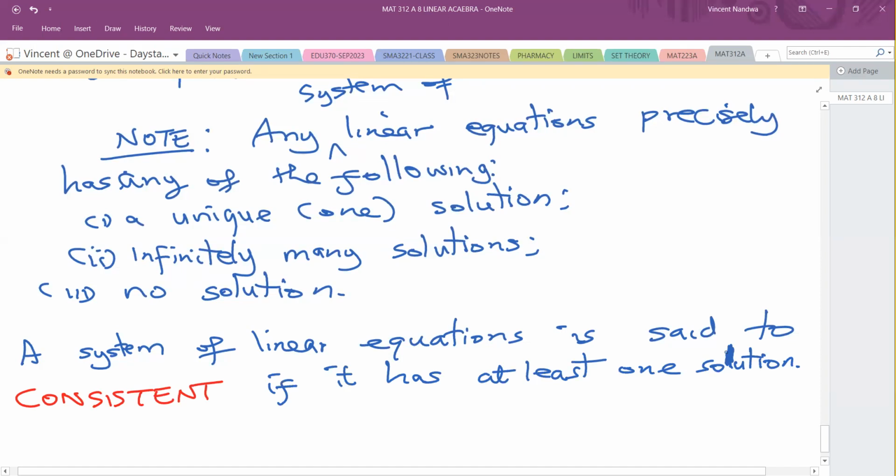A system of linear equations which has at least one solution is said to be consistent.